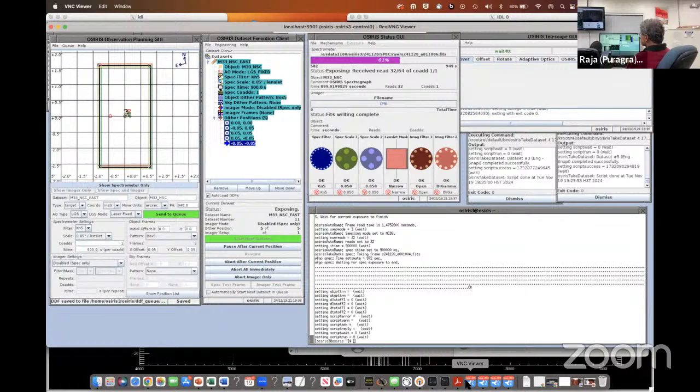The quick look data cube is using an older rectification matrix from a previous thermal cycle, so the wavelength calibration is not super precise, but we have a new one for this thermal cycle. After you reduce the data, if you see something weird, I can retake another set.